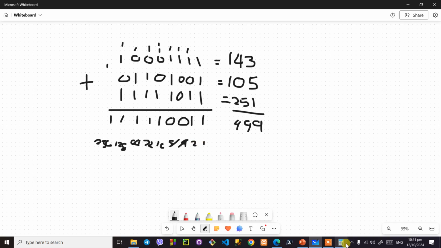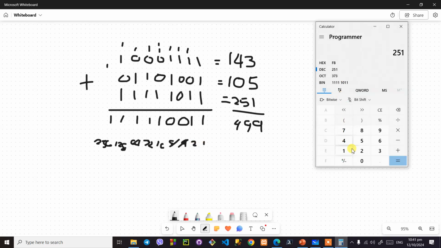So, we will be using the calculator, no? So, 256 plus 128 plus 64 plus 32 plus 16 plus 2 plus 1, it's 3.